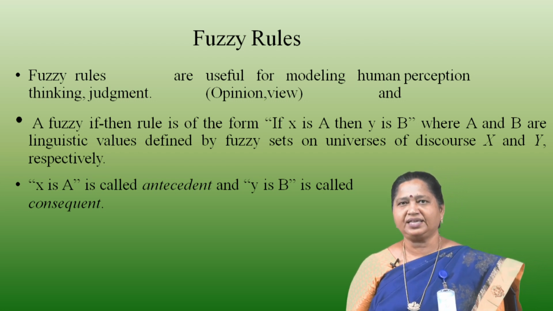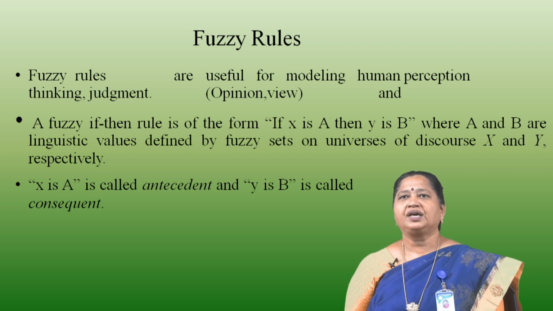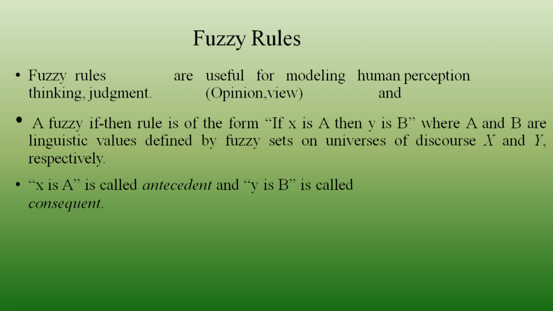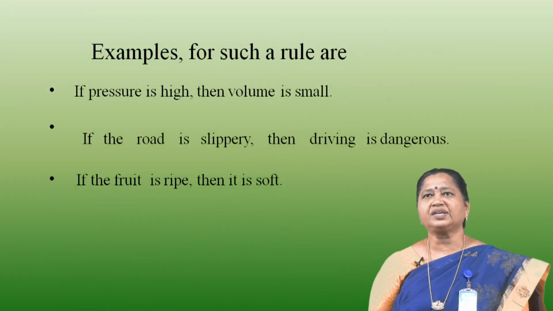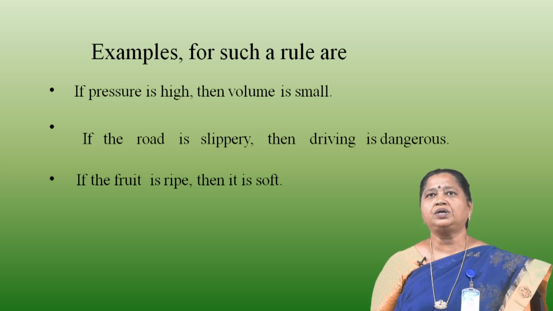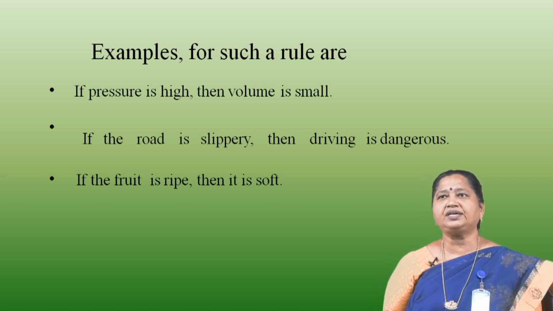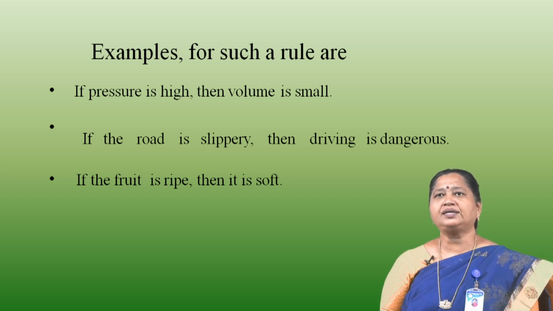If x is A is called the antecedent, and y is B is called the consequent. Examples of such rules are: if pressure is high, then volume is small. If the road is slippery, then driving is dangerous. If the fruit is ripe, then it is soft.